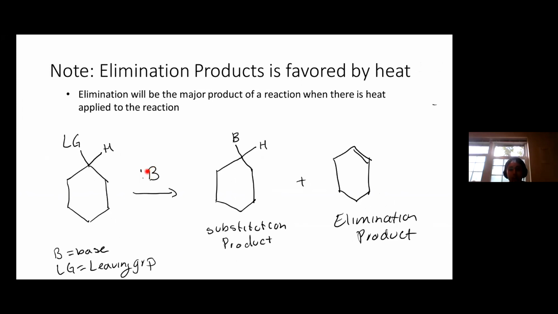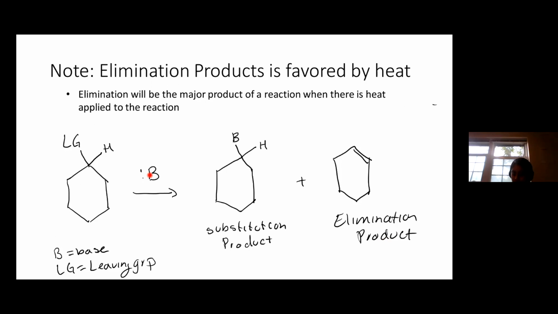There are some reactions where substitution reactions and elimination reactions compete, such that you're able to have both substitution products and elimination products. In this case, it's not an actual reaction. This LG means leaving group, this B means base. So we're not working with any actual molecules right now, just so you can see that sometimes these reactions are going to compete and you're able to have both substitution and elimination products.